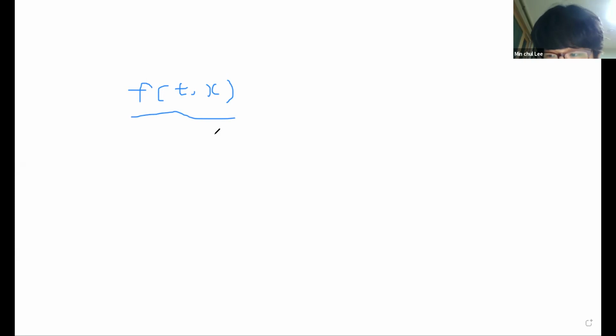I believe that under certain conditions, F can become analytic with respect to the time variable. That is, we can extend to complex z, and F is analytic with respect to time.